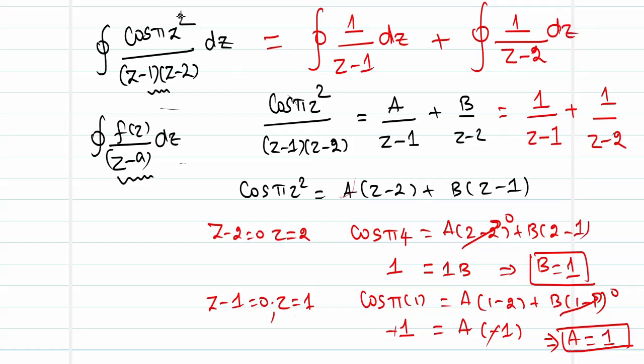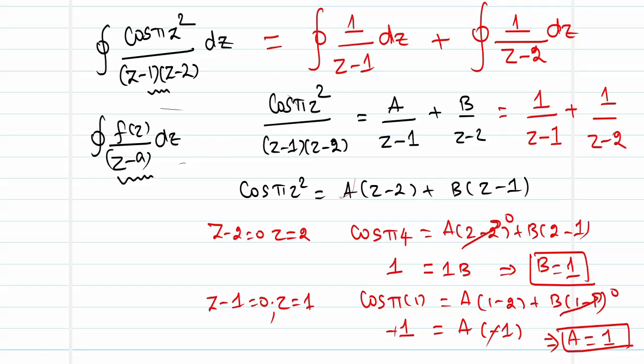So the problem which was like this has now been converted into a problem of this sort. Keep in mind, we used partial fractions because the terms were in product. We want only a single factor in the denominator. To make it into a single factor, we did the partial fraction method.